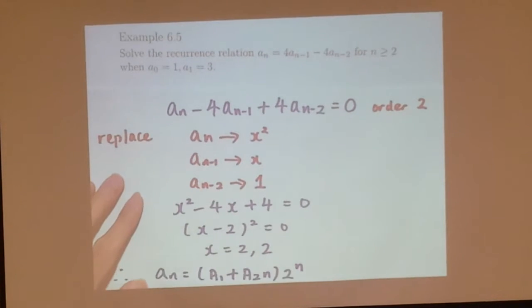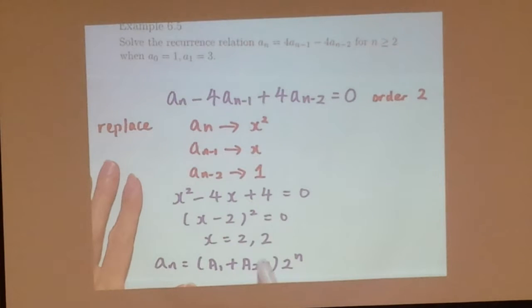If you get repeated roots, just like I mentioned, for each repeated root, you must have a coefficient. So the first 2 is A1, second 2 is times n. So 2 appears 2 times, so the second coefficient is times n.